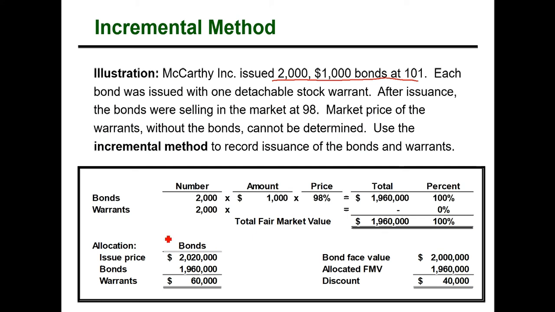And if you notice, that's what we have right here. Also notice that we have to determine our discount, which is the face value of the bond, 100 times 2,000 times 1,000, which is 2 million, less the allocated fair market value of the bonds. That gives us a discount of 40,000. So we have to record this discount.